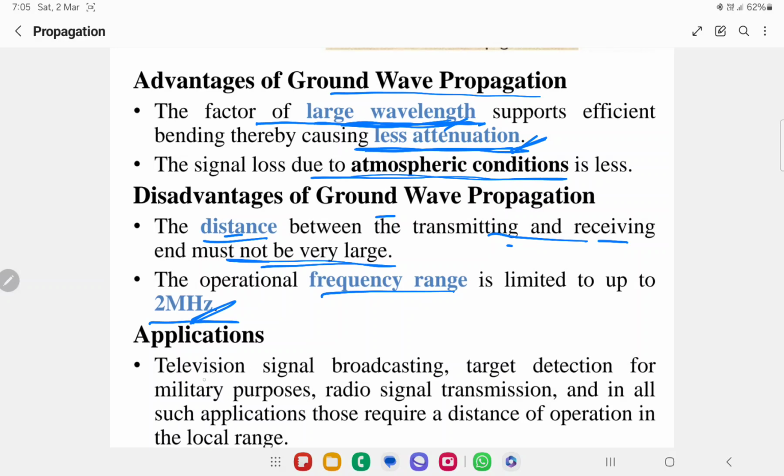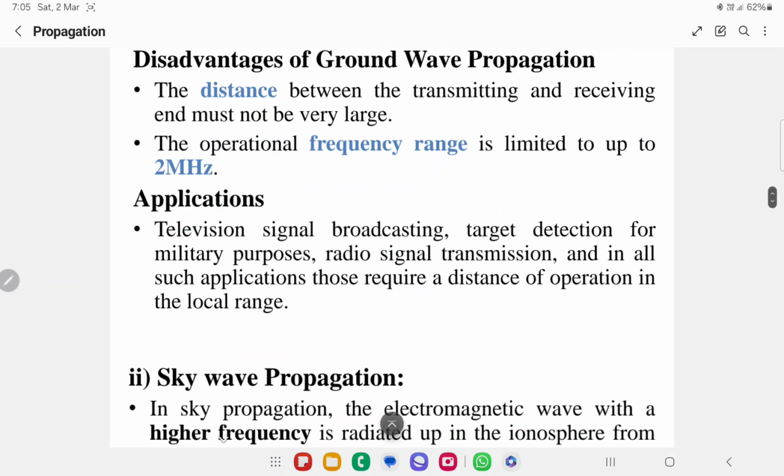So here are some applications, as you can see: signal broadcasting, target detection for military purposes, radio signal transmission, and wherever you need some distance sort of operation in local range. Obviously in local range we can use this ground wave propagation.